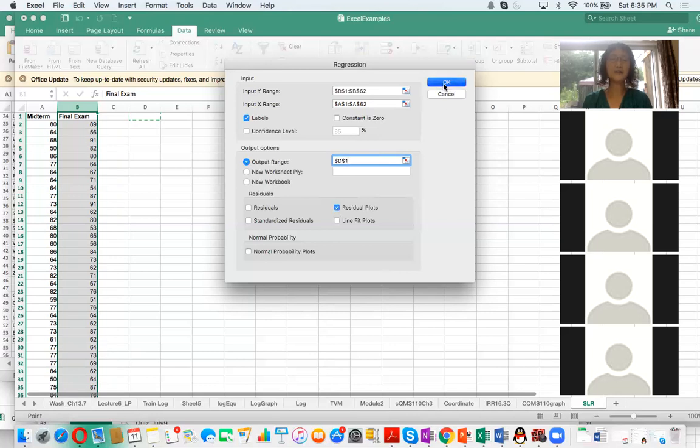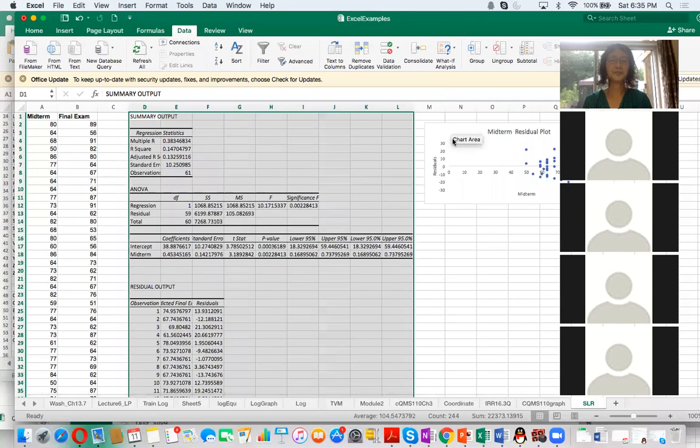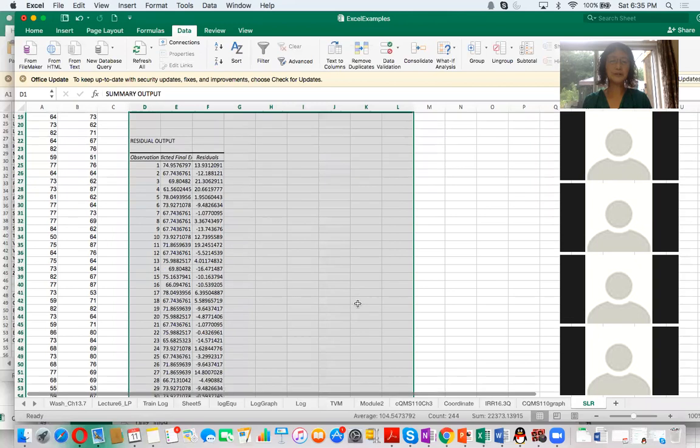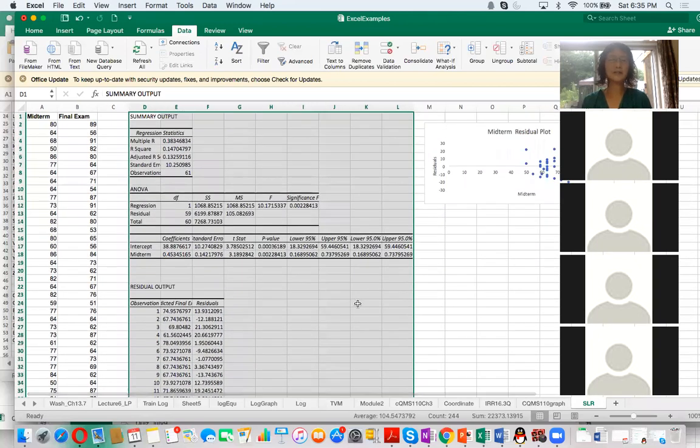So then I click the OK button. All right, so this is my output result, overwhelming the first time you encounter it. Every single number here is important. The final exam will have a lot of questions about this result, okay?